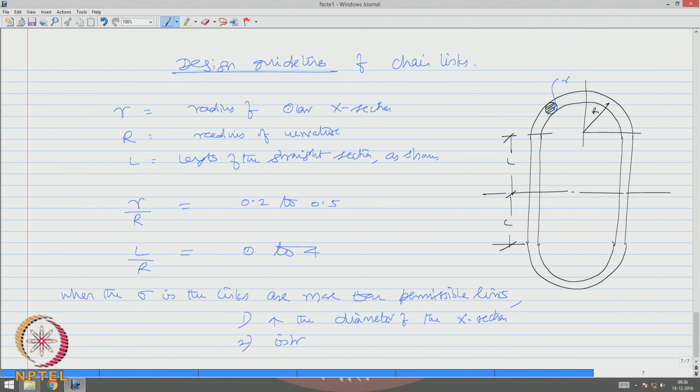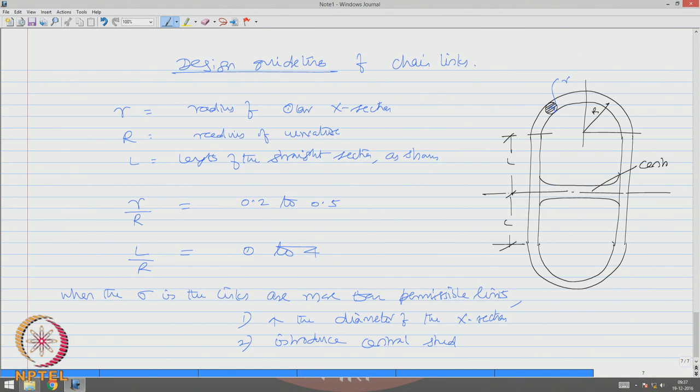Alternatively, introduce what is called a central stud. So, central stud is a very interesting component which is introduced as shown in the figure now.